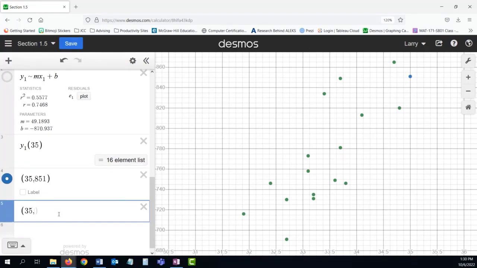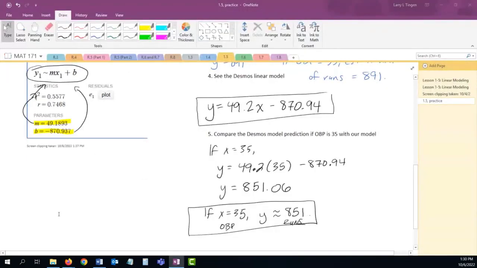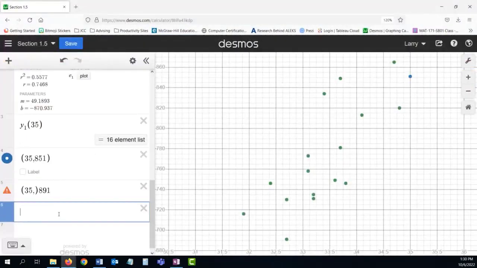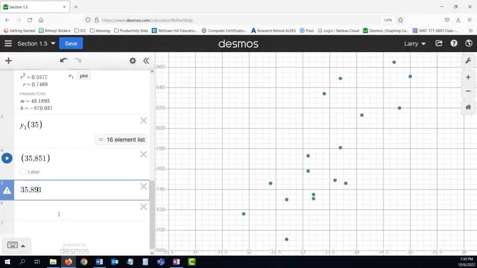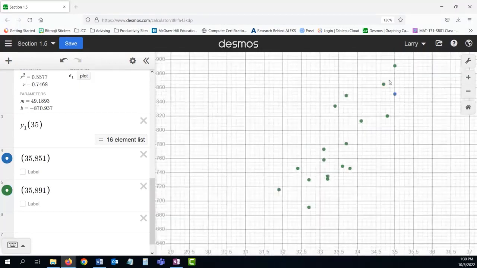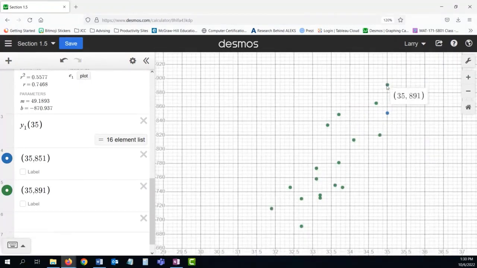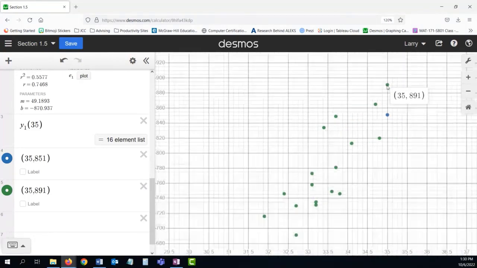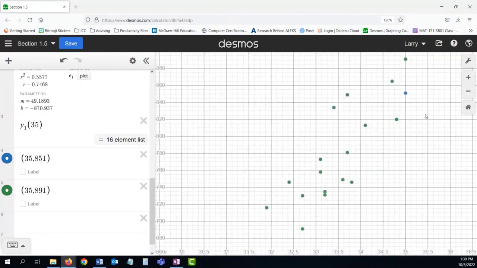The other point was 35, 891. Oh, that's in the wrong place. That's not even on the map. I'm going to have to zoom out to get it. There it is.